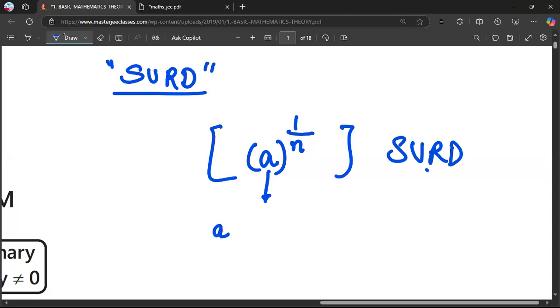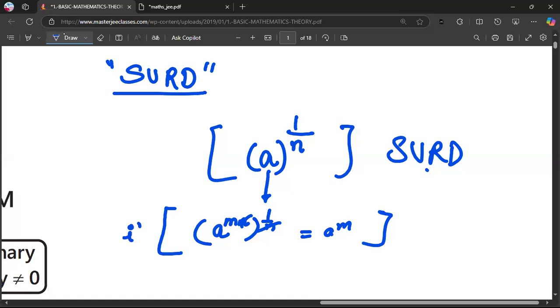If A's power is like in this term, then this is going to become an exponent. It's simple. So in this particular case, it is not a surd.